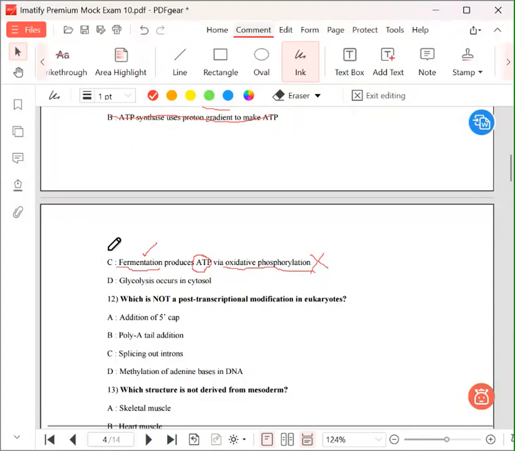And oxidative phosphorylation requires an electron transport chain and oxygen, which is also not produced or formed in the fermentation process and lactic acid formation process.